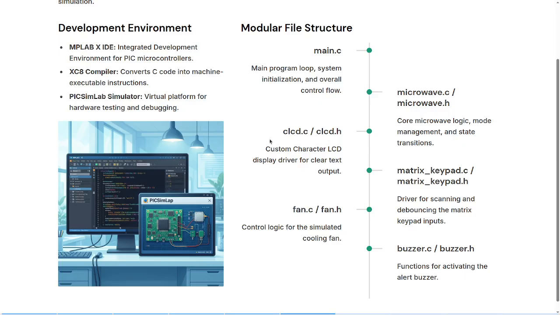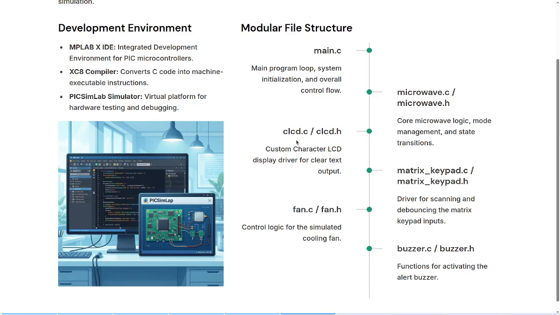We also have ccld.c and ccld.h, a custom character LCD. Actually, it is a display driver; we are building a driver for the LCD, with a header file and a .c file.